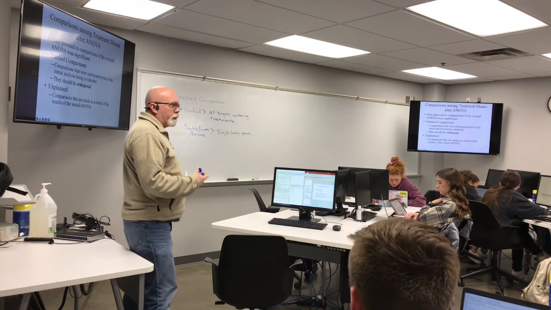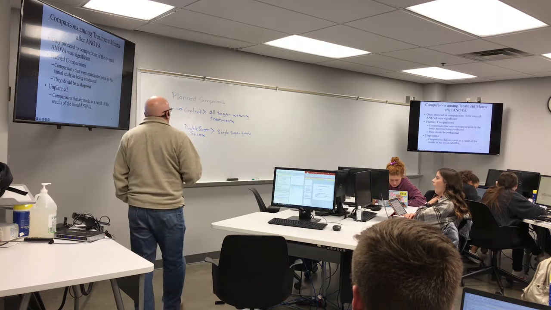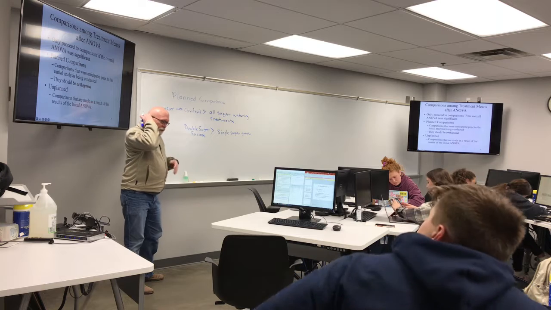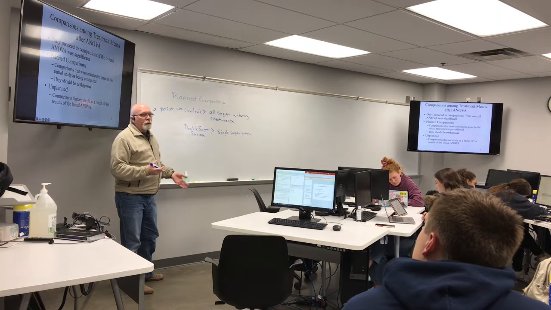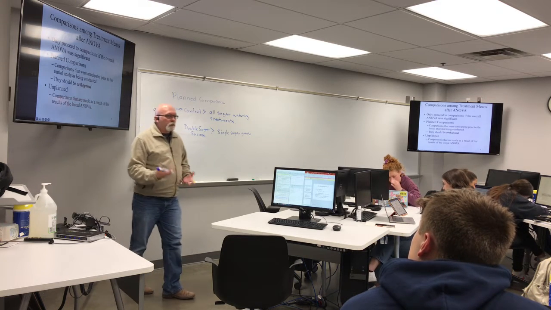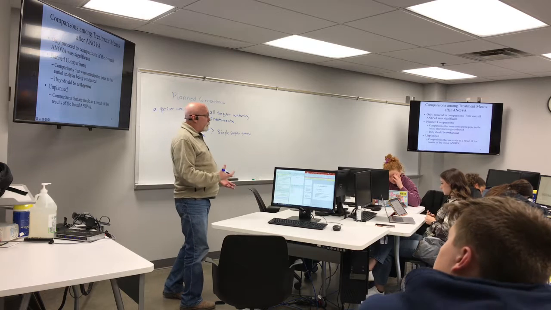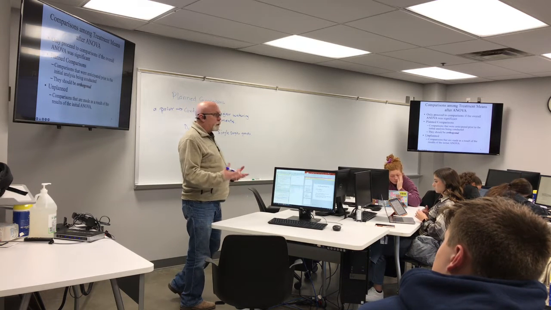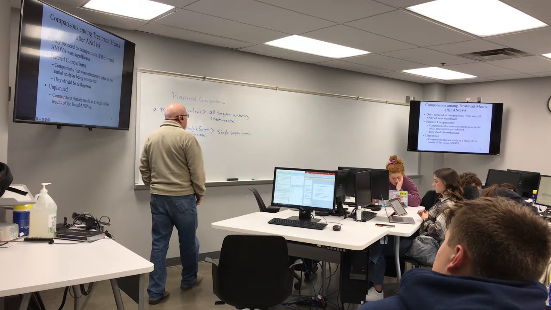I'm not a botanist, but a botanist had that idea. So these planned comparisons are things that you think about before you do your experiment. You want to explore them before you ever gather your data because you're doing this work for a particular reason. You have a particular goal in mind.